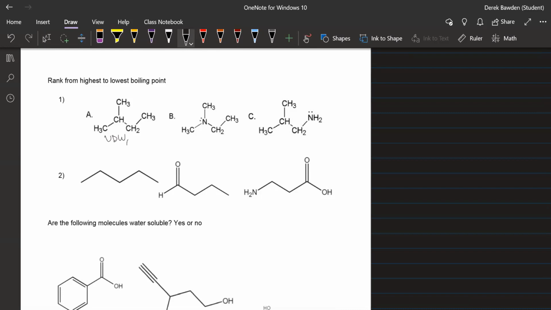Okay. None others for A. How about B? Again, we got van der Waals, always van der Waals. What else? Dipole. Dipole, yep, we saw that in the chat as well. And then, is there any others? That's it. Okay, we have one more.